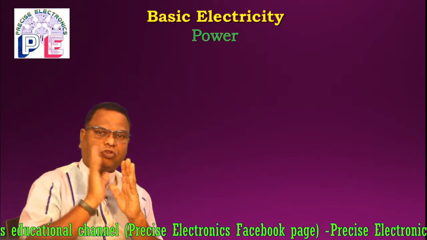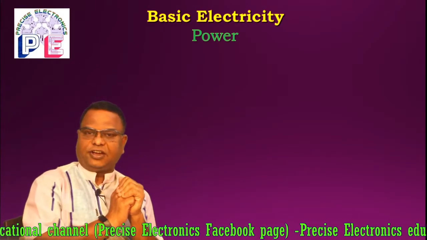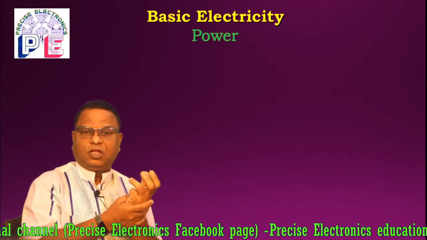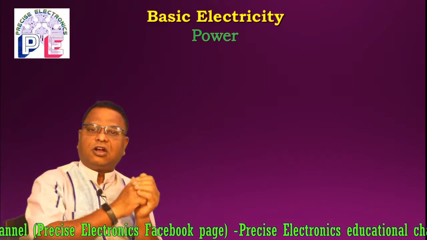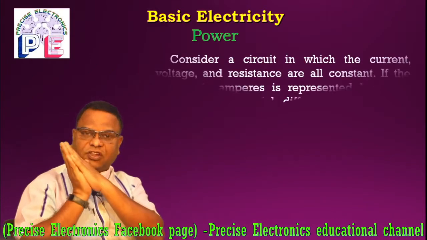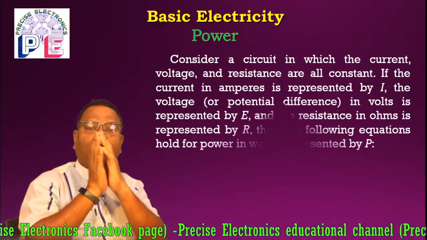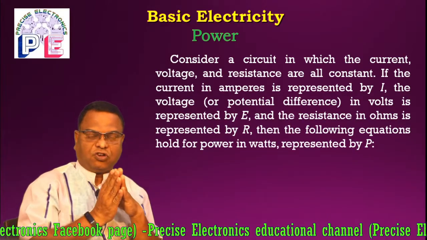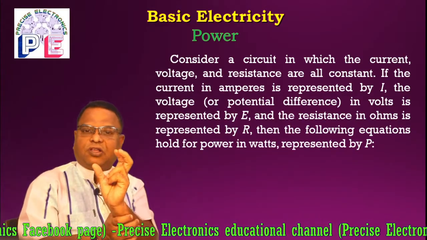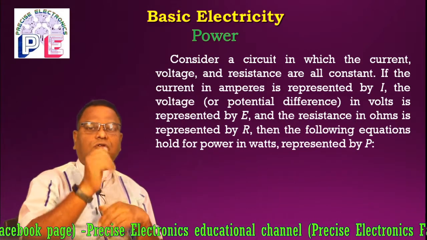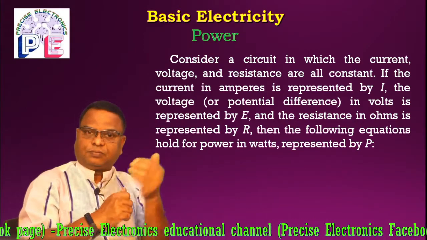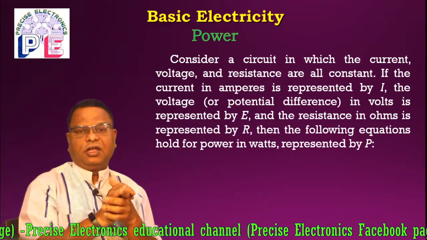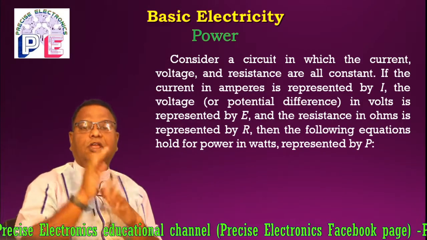Suppose we consider a circuit in which the current, voltage and resistance are constants. The potential applied to the circuit is constant, the current flowing through the system is constant, and the resistance of the system is also constant.